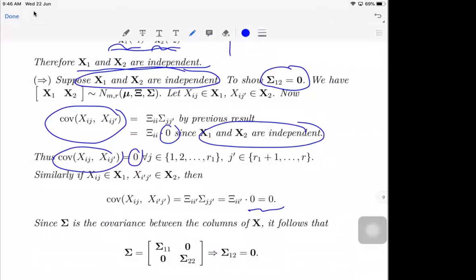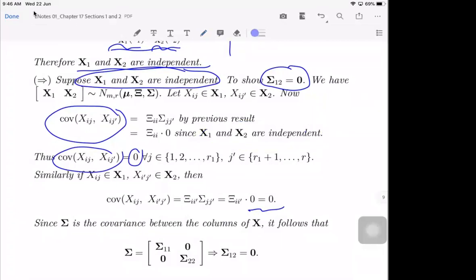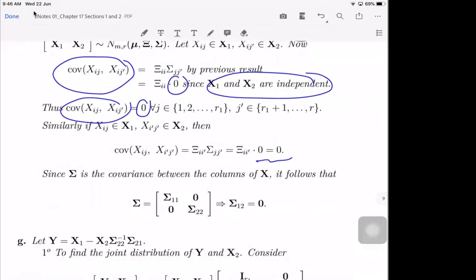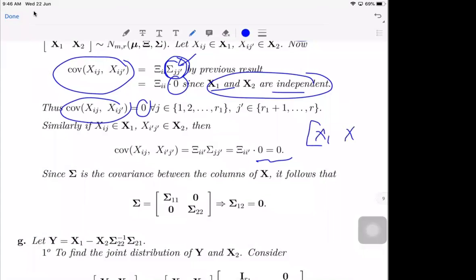So, 0 na siya. This term here will be, this is what the covariances among the columns, no? And since they are independent, partition sa columns man ni siya. So that will just be equal to 0. So this implies that sigma 1, 2 is 0.